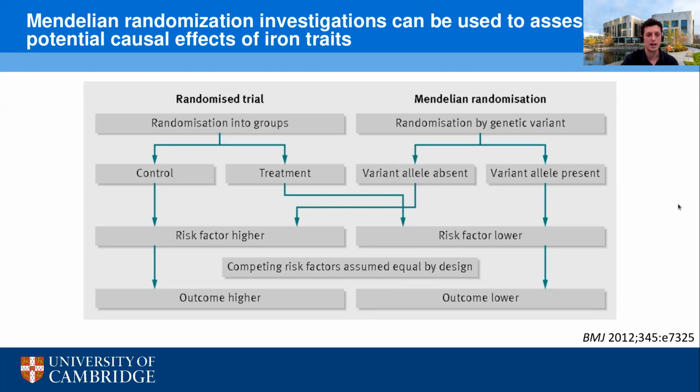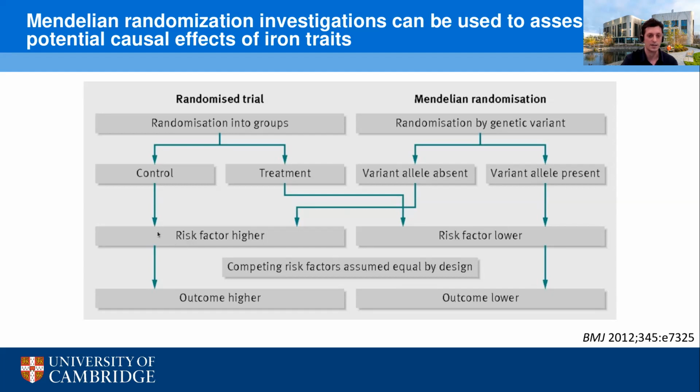Whereas in a randomized trial, we actually allocate people to different groups, but it's similar in concept. So in a randomized trial, people are randomized into usually the treatment or control group, and the levels of the risk factor will vary in the control and treatment group.